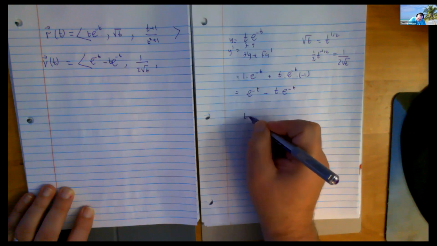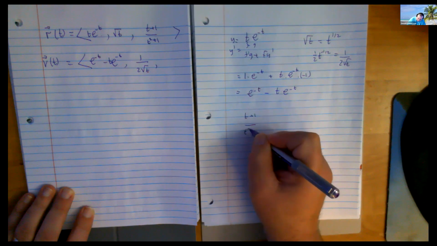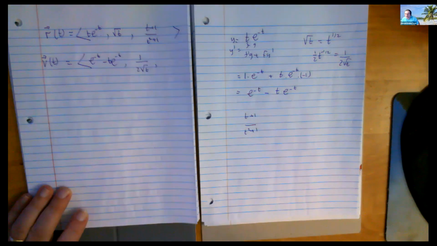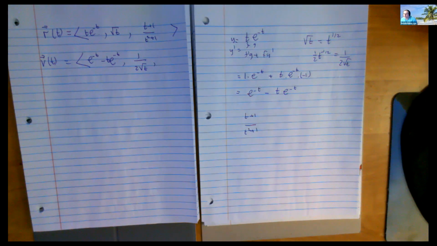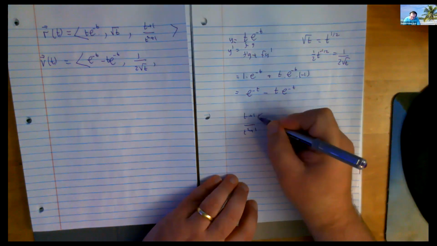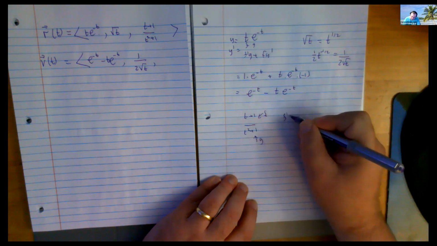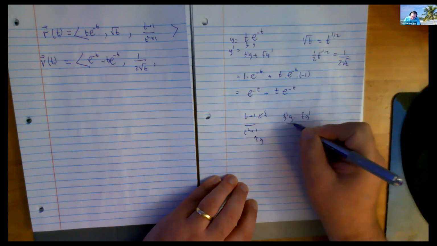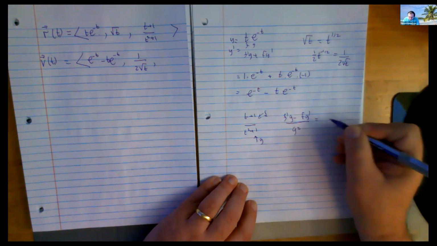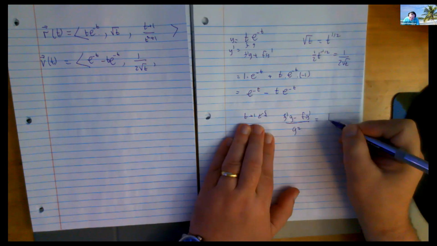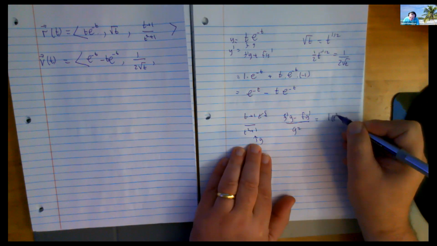And then for something like t plus 1 over t squared plus 1, wouldn't that be a quotient rule? So I'll call this f, and I'll call this g, and we'll have f dash g, take away f g dashed, all over g squared. So what do we get? We get a 1, leave that guy alone.